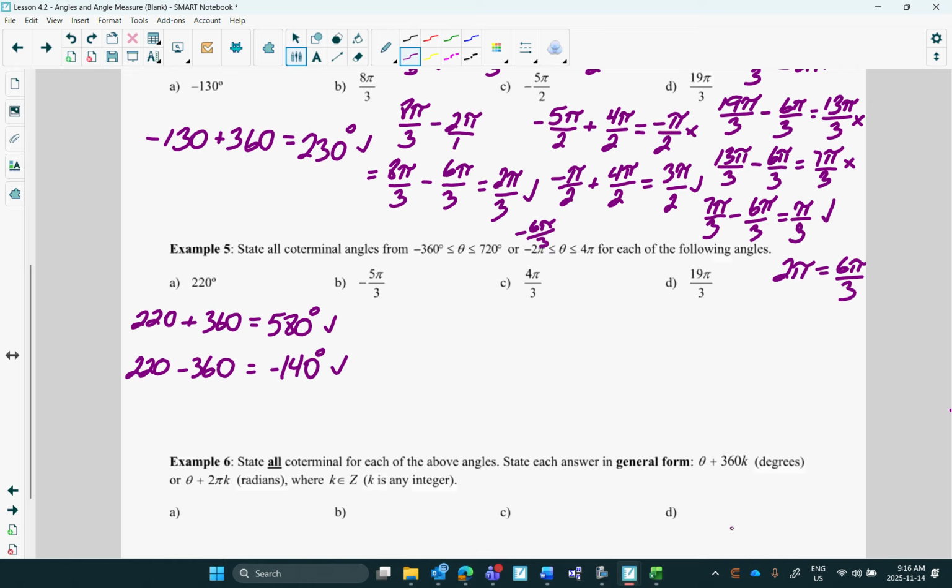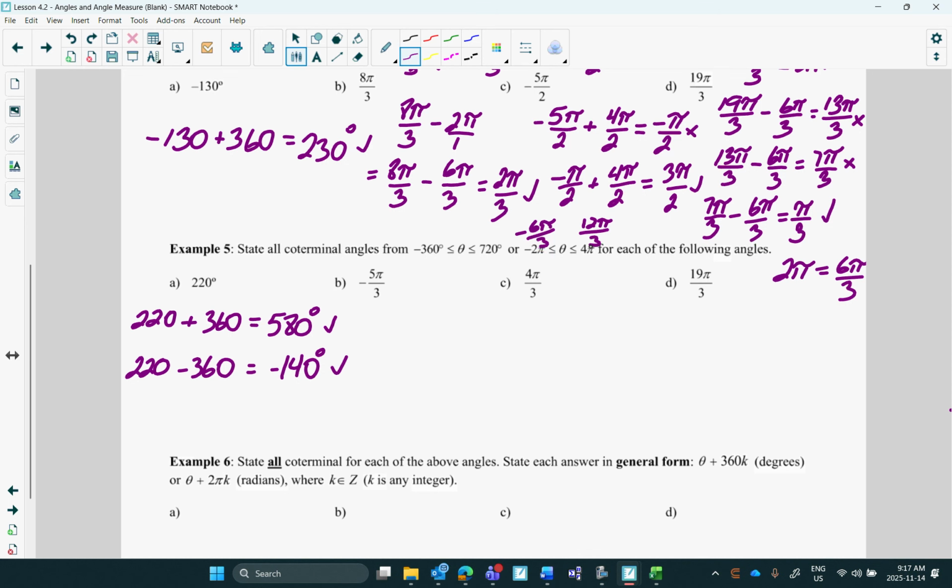So what's 6 pi over 3 and 6 pi over 3? 12 pi over 3. When we subtract fractions, the denominators stay the same. We only subtract numerators.